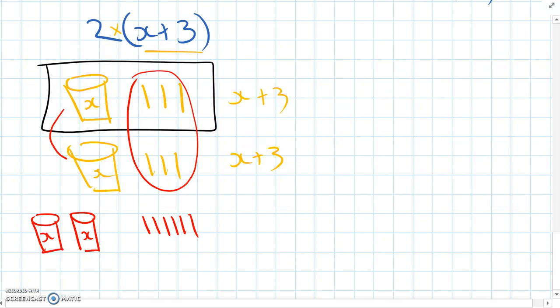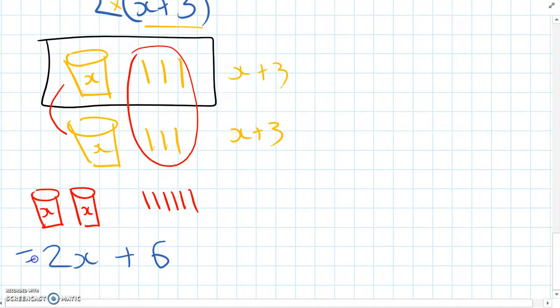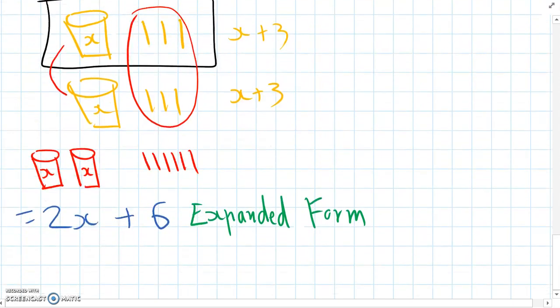So instead of having 2 groups of x plus 3, we have 2 x's and 6, the number 6. And this is the expanded form.